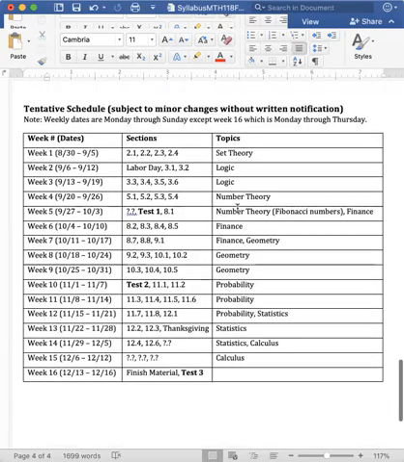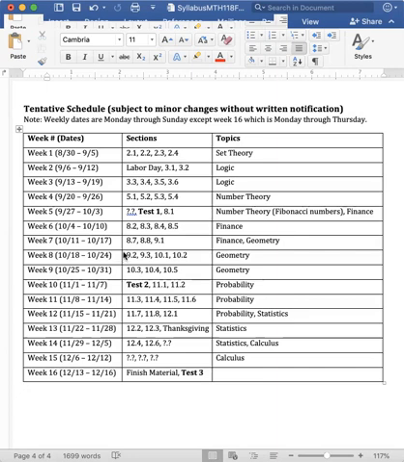Finally, I have a statement for our tentative schedule here. This table is organized by week, and the weeks are listed with dates. The dates run Monday through Sunday, and that's to help you in determining when assignments are due.